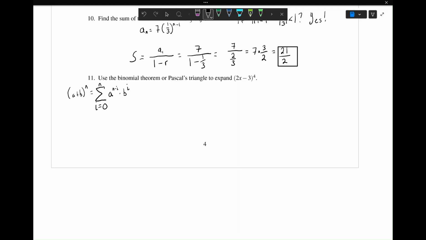Notice those powers always add to n. That's a big part of the binomial theorem.